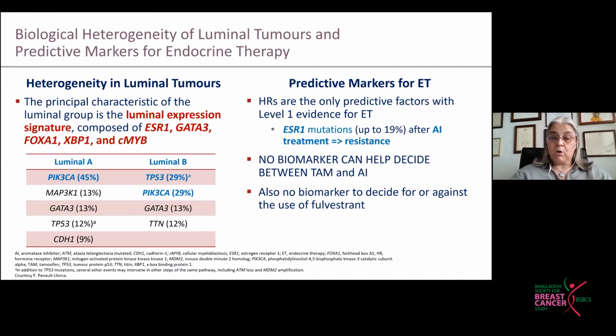From all these biomarkers, what we can use is mostly the estrogen receptor, and we don't have a good biomarker to tell us if we should use tamoxifen, fulvestrant or an aromatase inhibitor. Also, for many of the other agents that we use in this subtype, we do not have a biomarker, with the exception of the PIK3CA inhibitors, which I'll come back to.